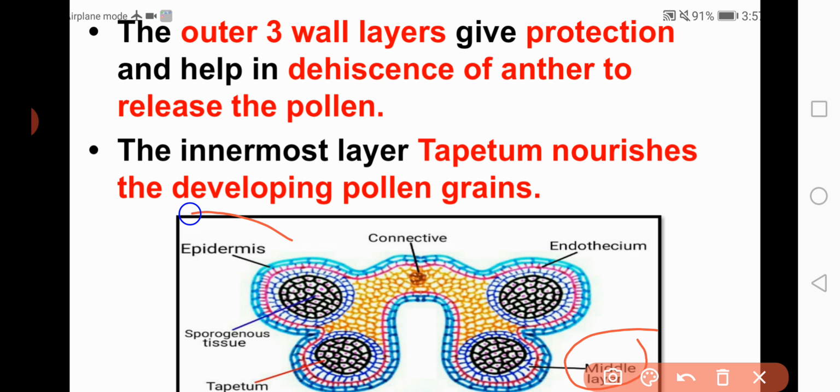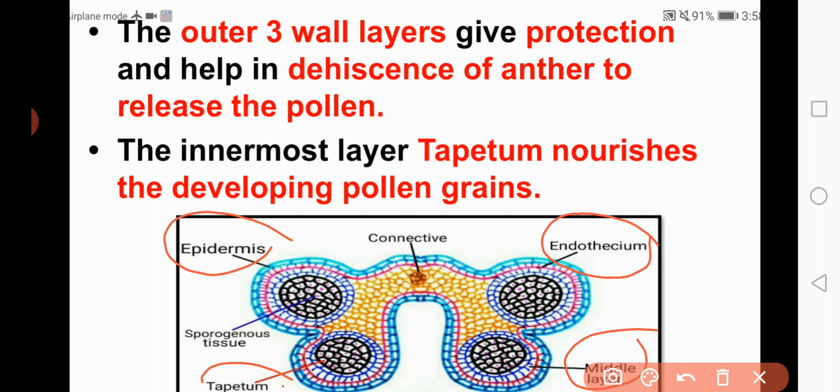Both the epidermis and the endothecium are single layered structures. Next to the endothecium, a 2 to 3 layered structure is present, which is called the middle layer. And the fourth innermost layer of the microsporangium is called tapetum. So tapetum is nothing but the fourth innermost layer of the microsporangium.